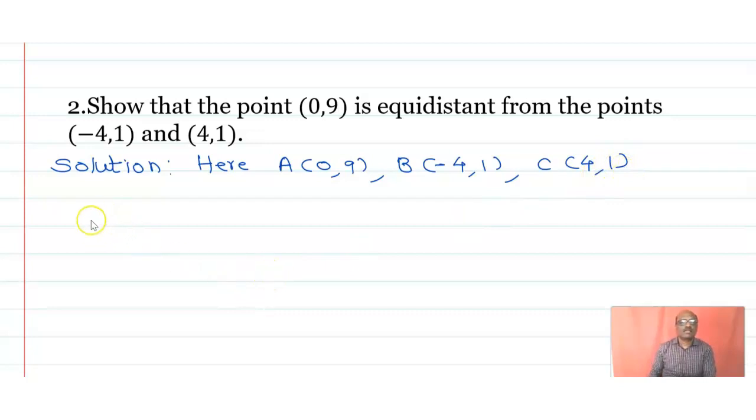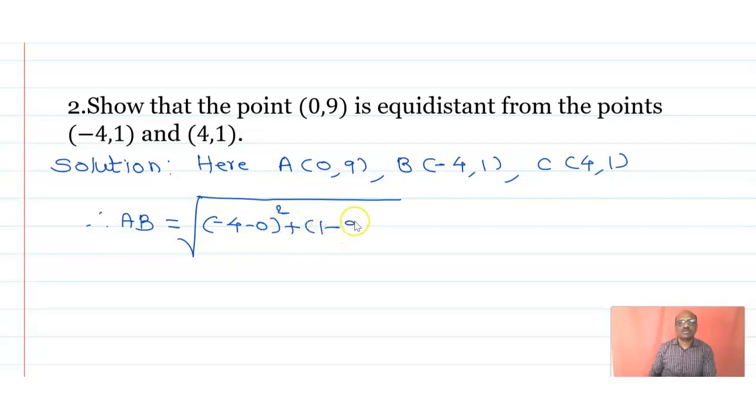Therefore we will find the distance AB. Root of, what is that again? Minus 4 minus 0 whole square. Next is 1 minus 9 whole square.